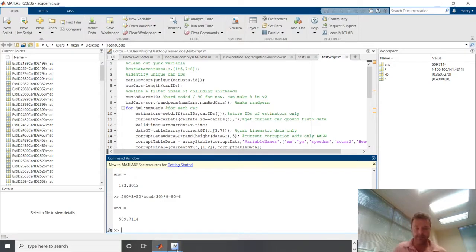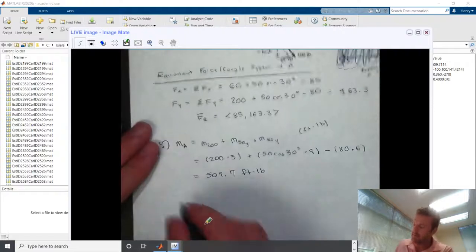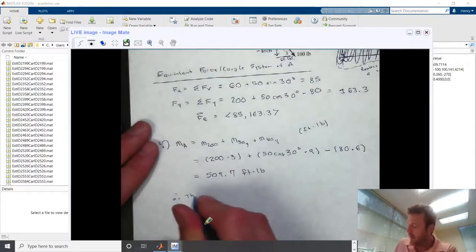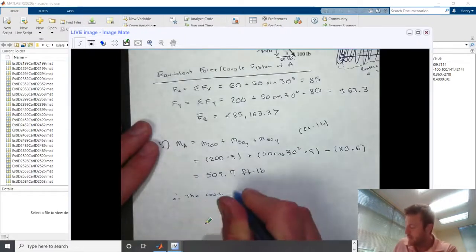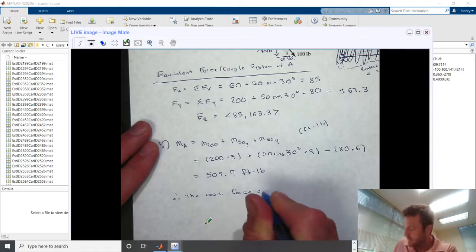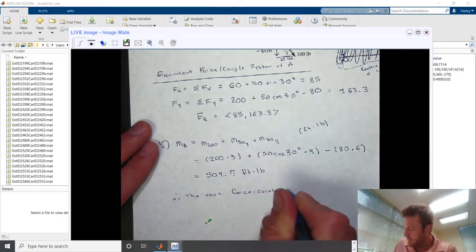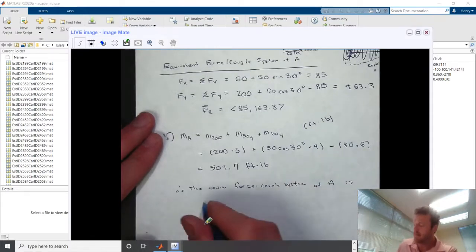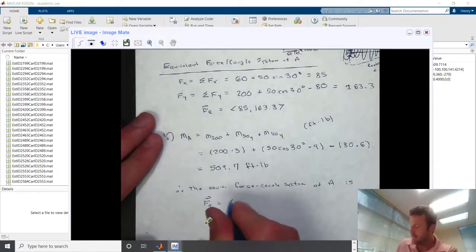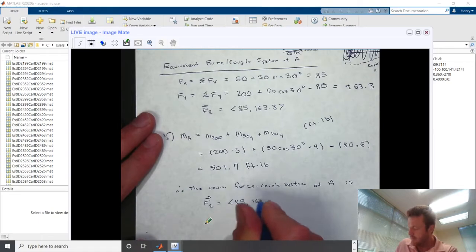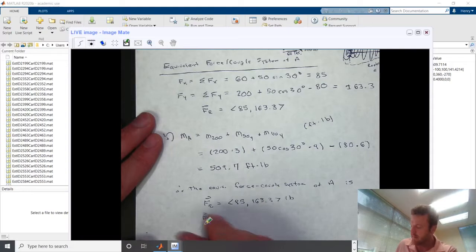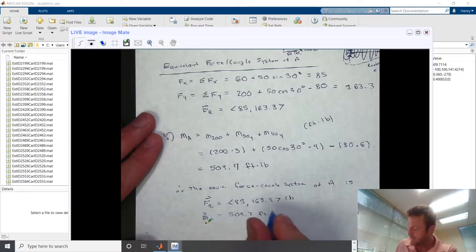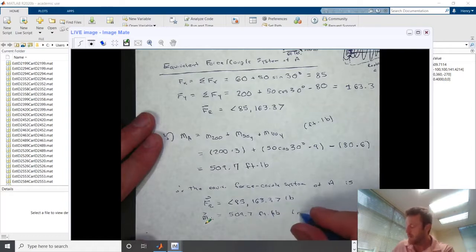So I can go back here, and usually, if you're entering this in your textbook, what they'll say is that the equivalent force couple system at A is FR is 85 and 163.3, and that's pounds, and MA is going to be 509.7 foot-pounds in the counterclockwise direction.